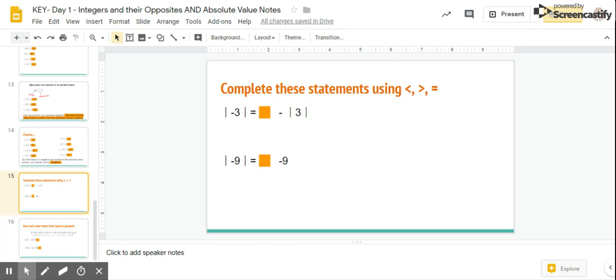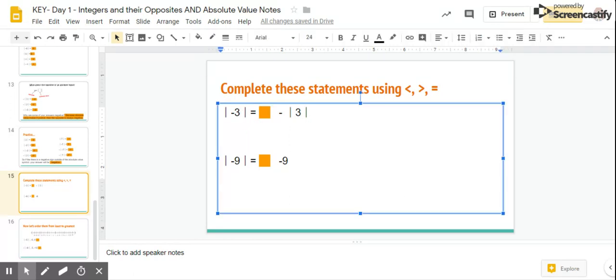So let's do a little talking about comparing these. On the left side, we have the absolute value of negative 3. And on the right side, we have the opposite of the absolute value of 3. The absolute value of negative 3 is positive 3.